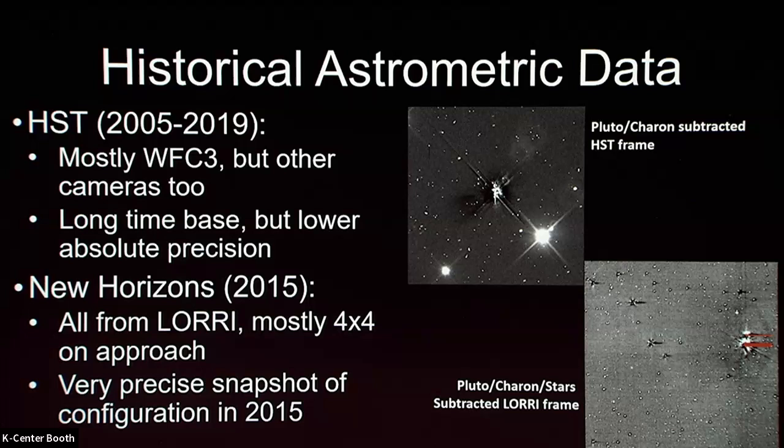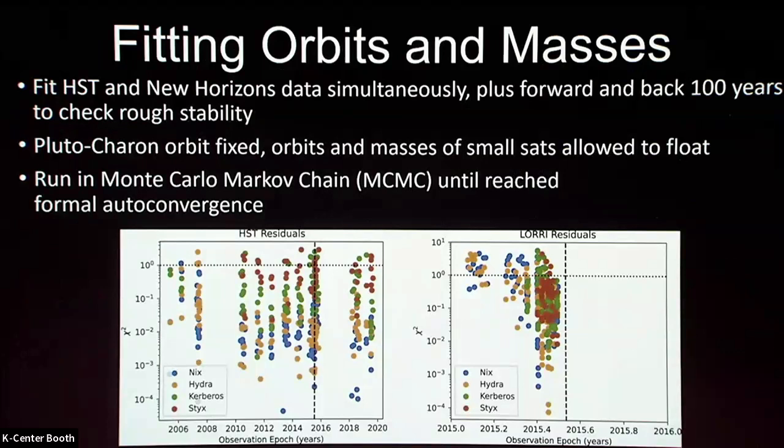And then we have the New Horizons astrometry, which gets up to really high precision at the time of flyby, but it's all in 2015. So you have this hyper precision around the time of encounter, and then lower precision before and after. So you have to combine those 2 data sets together in a single fit.